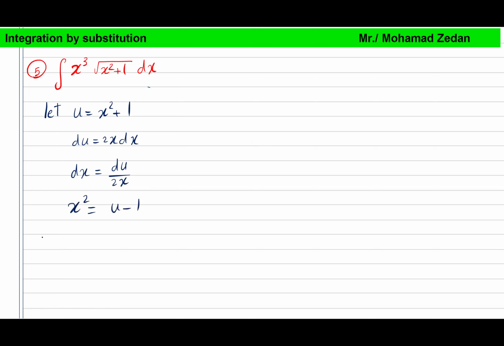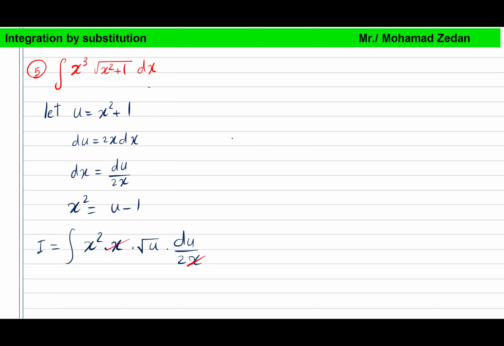So when you write this integral, you can split x cubed as x squared times x, and the square root of u, and the dx is simply du over 2x. Now simplify: x and x you can cancel out, x divided by x is 1.